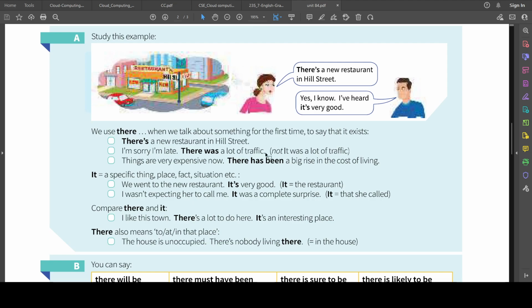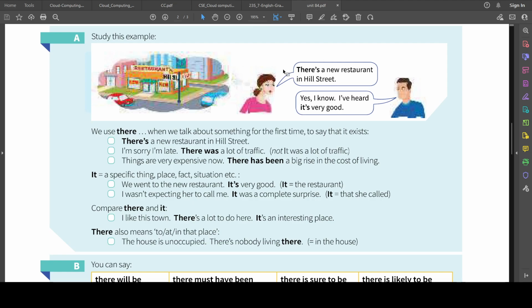Another example would be this image. Check out this image. The lady says, there's a new restaurant in Hill Street, but the man replied, yes, I know, I heard. It's very good. The lady said there's a new restaurant.